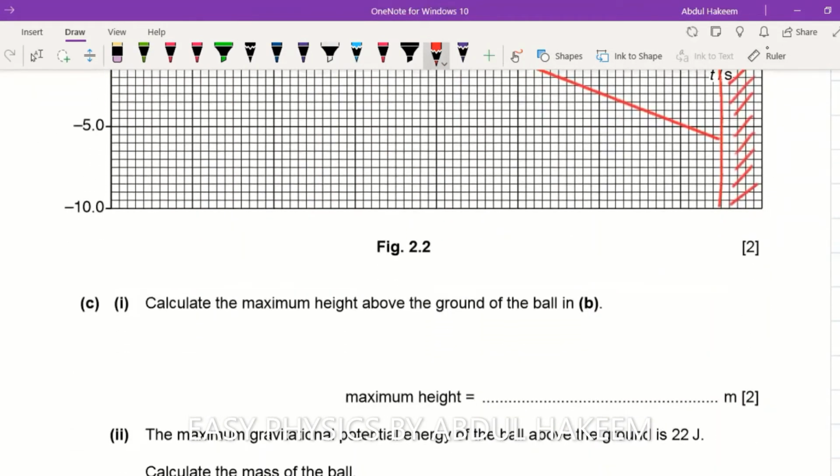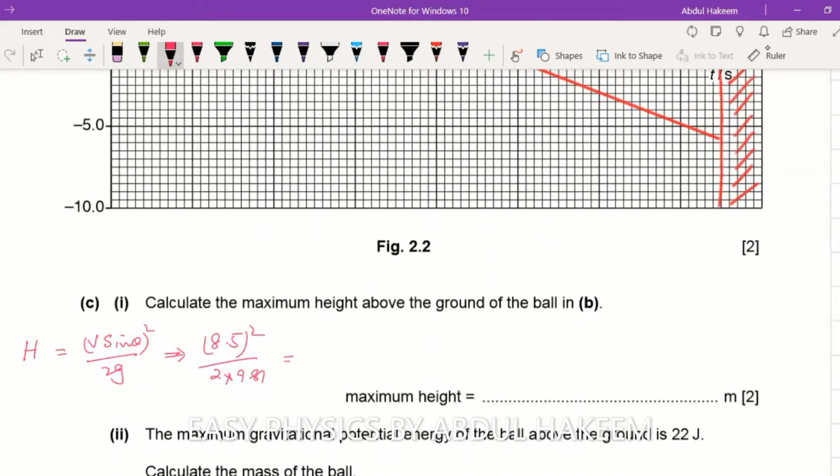Then calculate the maximum height above the ground of the ball. You have a choice. Either use the direct formula, h is equal to (v sine theta) whole square over 2g. Here v sine theta is Vy, so 8.5 squared divided by 2 divided by 9.81, and you will get approximately 3.7 meters. Or you can use the equation v squared is equal to u squared plus 2as.